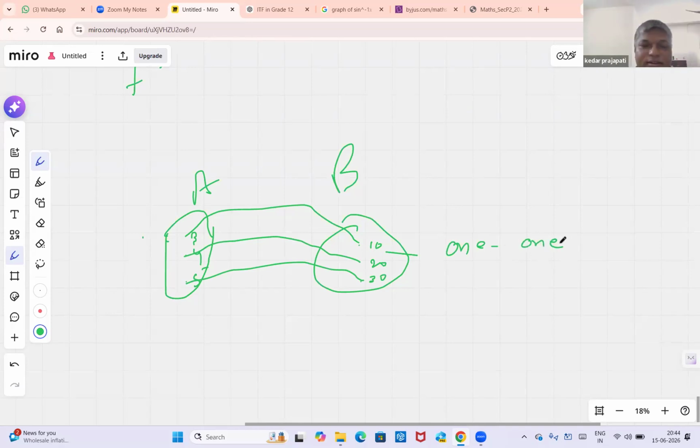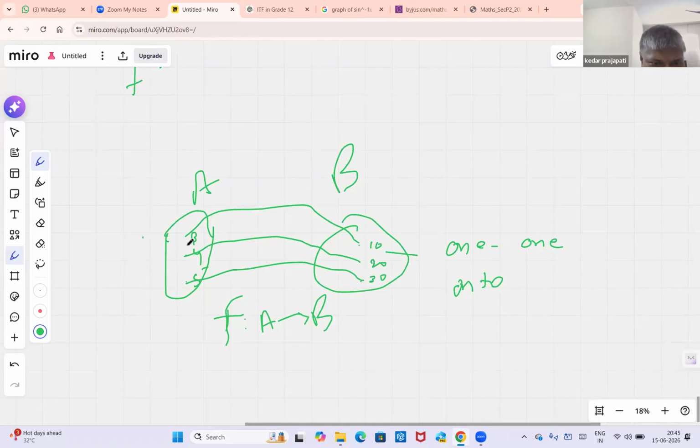1, 1 is there. But onto means, in A, our function is like this. F is a function from A to B. So in order to become onto, A should not have an element which does not have an image.